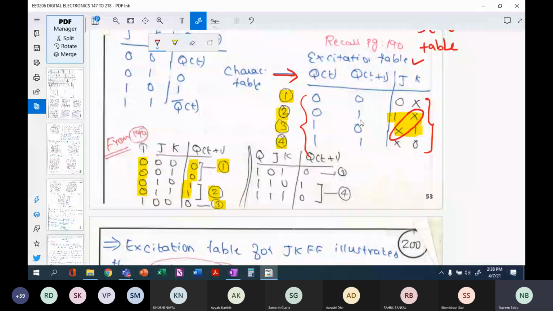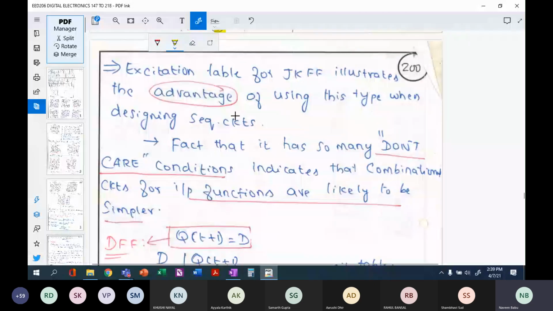So this is what has been written here. The JK flip-flop illustrates an advantage of this type of sequential circuit. Why are there so many don't care conditions in the JK flip-flop? So that the input functions are likely to be simpler, either the same as SR or simpler than SR.